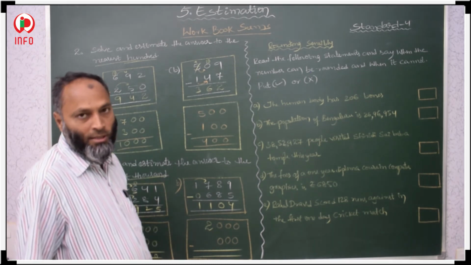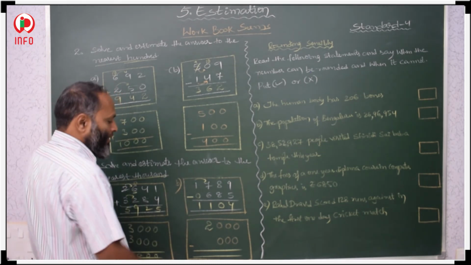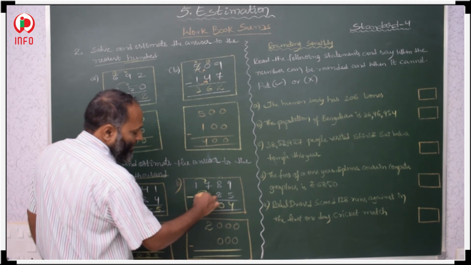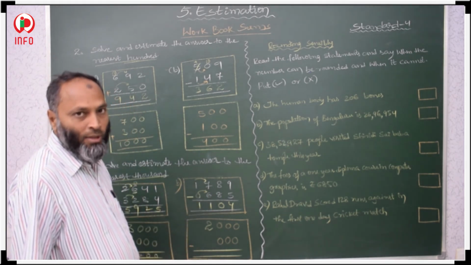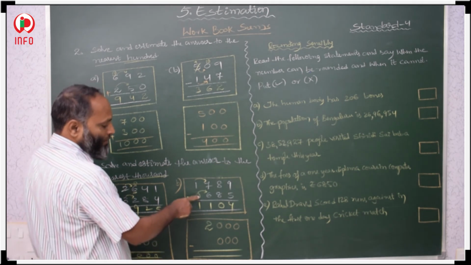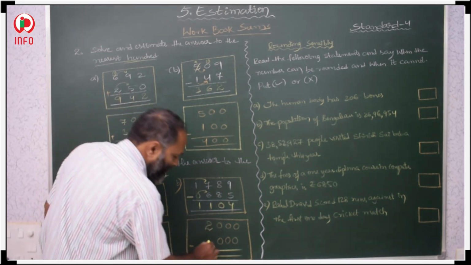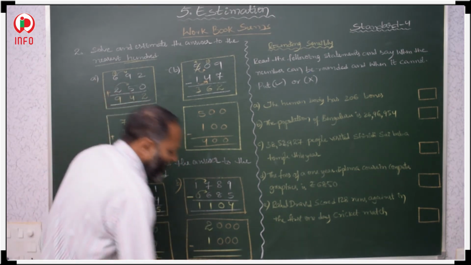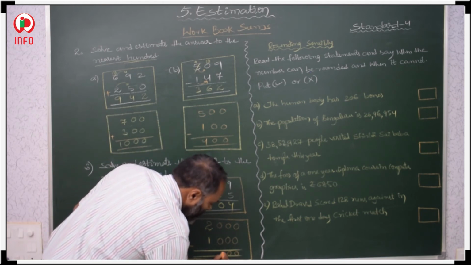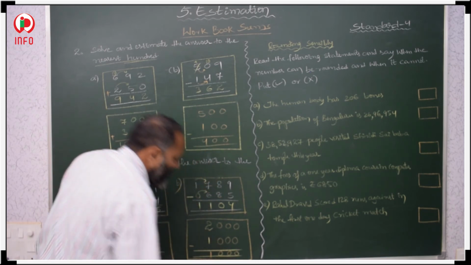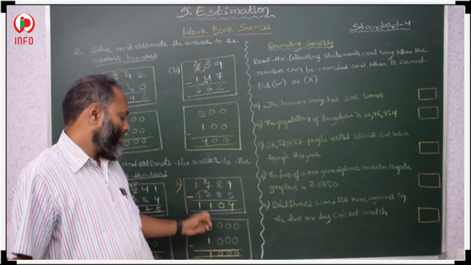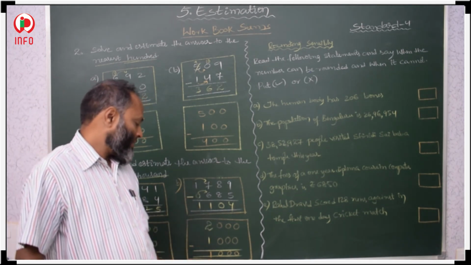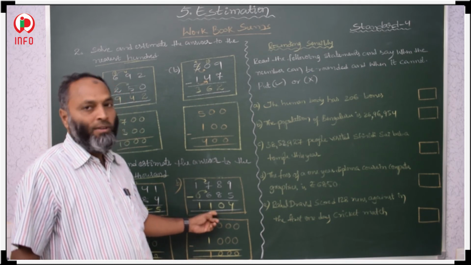In the thousands place nothing is there, then take 0. Then what is there in the hundreds place? 6. It is more than 5, so we have to add plus 1 to this. 0 plus 1 is 1. Now minus 0, 0, 0, 2 minus 1 is 1. So here nearest to 1000, estimated is 1000 and accurate is 1104.